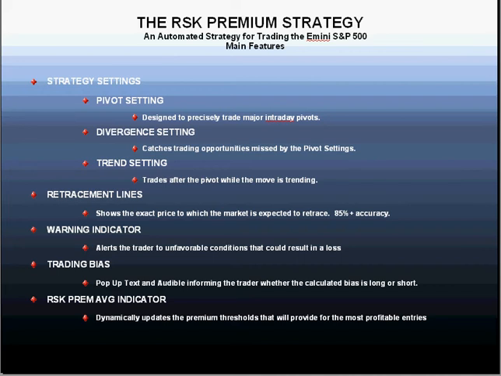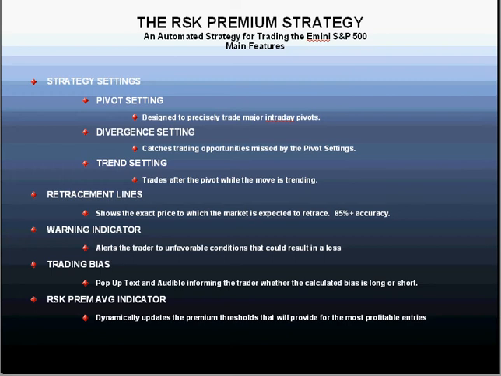We also include retracement lines, which show the exact price to which the market is expected to retrace with an accuracy that generally exceeds 85%. If unfavorable conditions could result in a loss, a warning indicator shows on the screen to alert the trader.